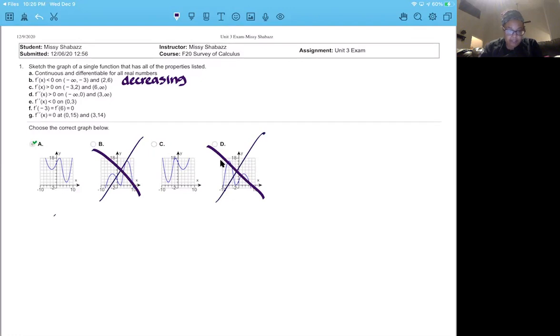Part D says the second derivative is greater than 0 from negative infinity to 0. That means concave up. So negative infinity to 0 is concave up, and 3 to infinity is concave up. They both look like they're doing that. On 0 to 3, part E says it's concave down.